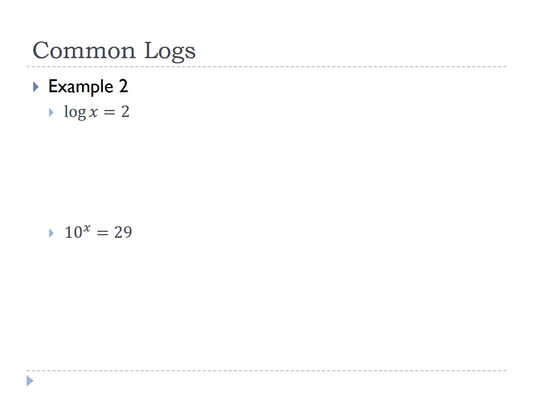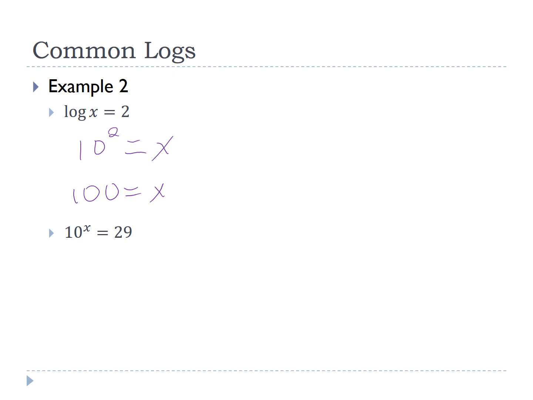A couple of other examples now where they're set up in equations, so let's rewrite these as exponential forms. The problem here is our unknown is on the log side, so we want to use the inverse of logs to get the unknown on the other side of the equal sign.